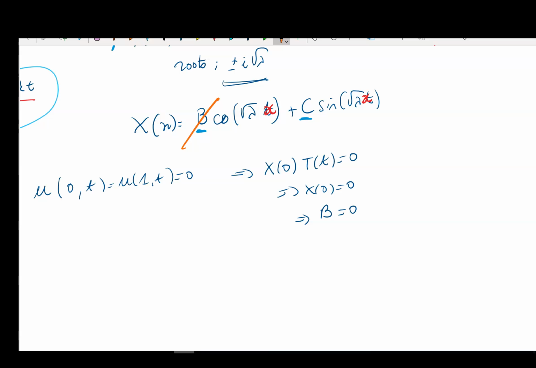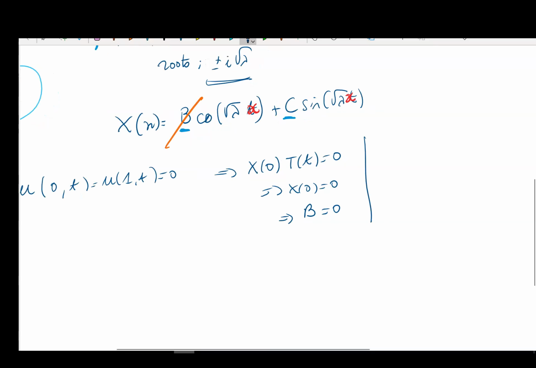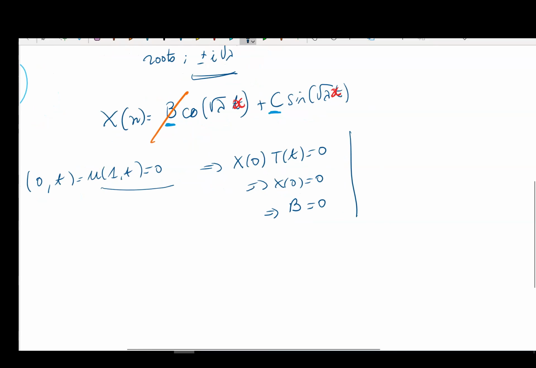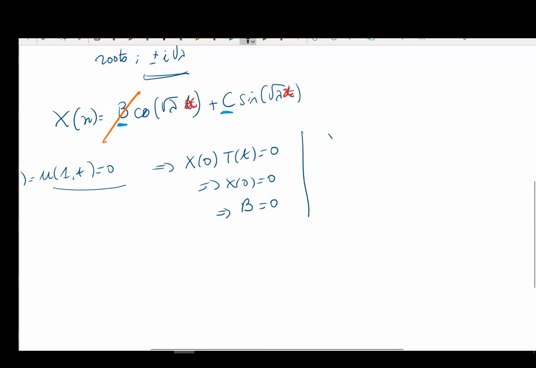Then I also have that X of 1, T of t should be equal to 0. So what does that give us? That second part of the boundary condition gives us that for all t, X of 1, T of t is equal to 0. So X of 1 should be equal to 0. What is X of 1?